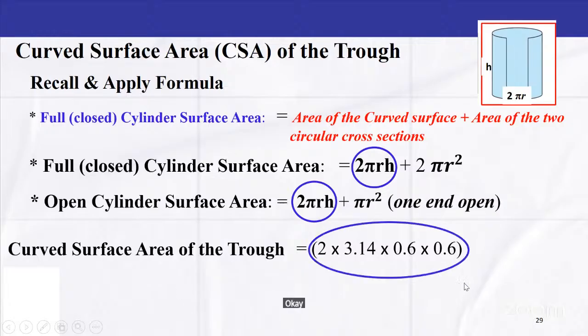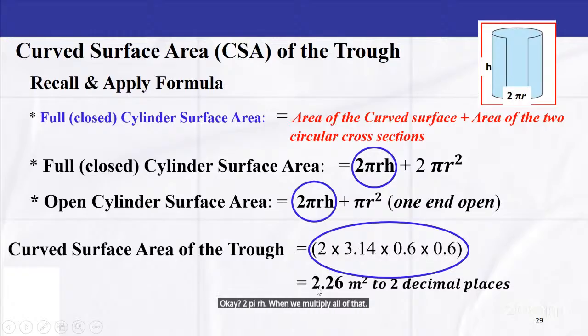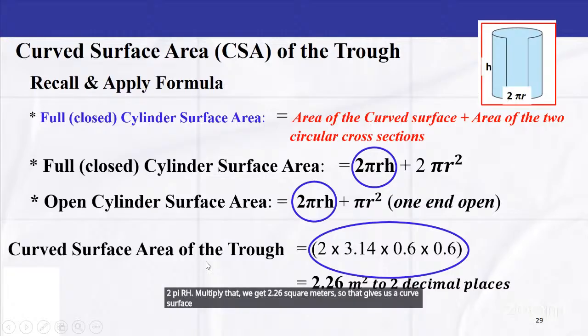When we multiply all of that, we get 2.26 square meters to 2 decimal places. This is just the curved surface. 2 pi RH, multiply that, we get 2.26 square meters. So that gives us the curved surface area of the trough.